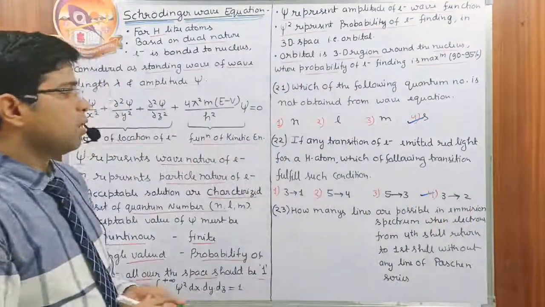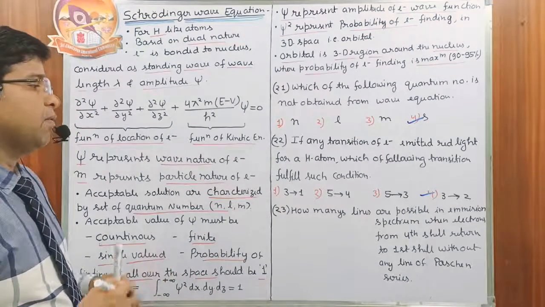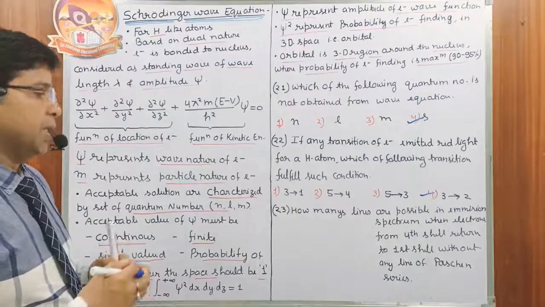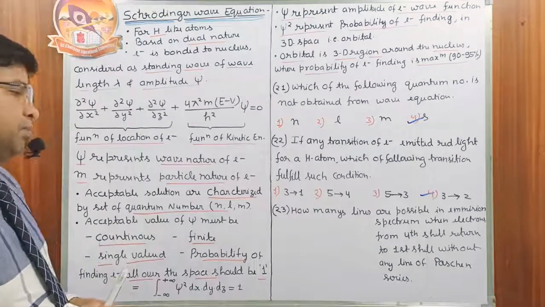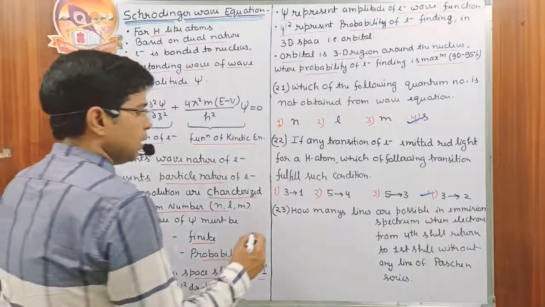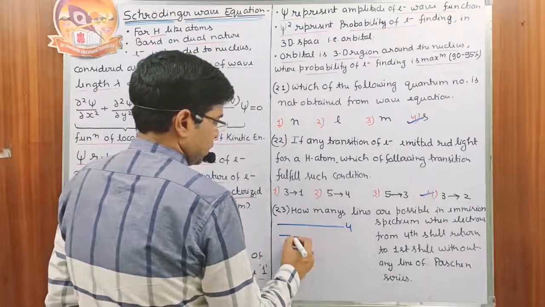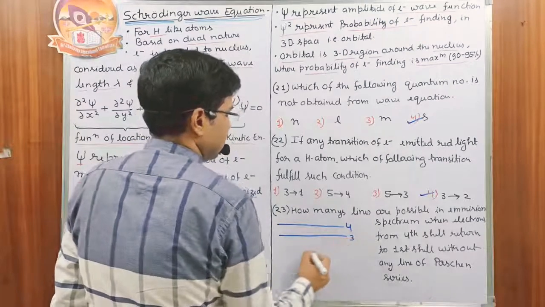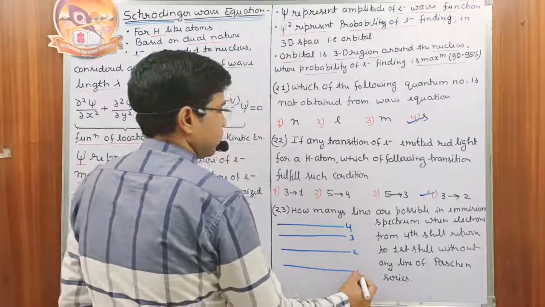Now, how many lines are possible in the emission spectrum when electrons from the fourth shell return to the first shell without any line of the Paschen series? It means the electron is initially in the fourth shell, then after the fourth shell we have the third, then second, then first.